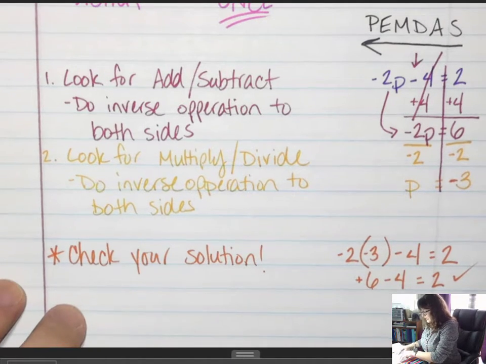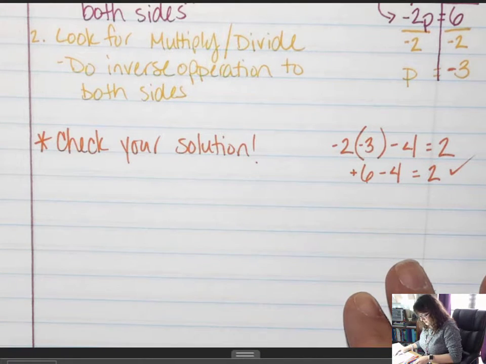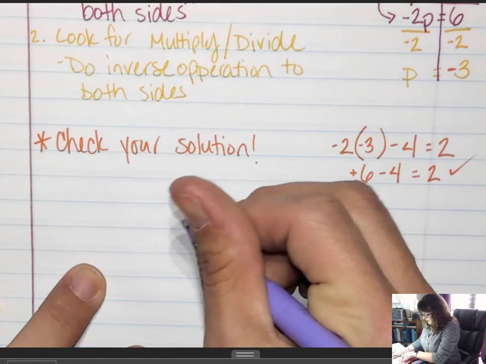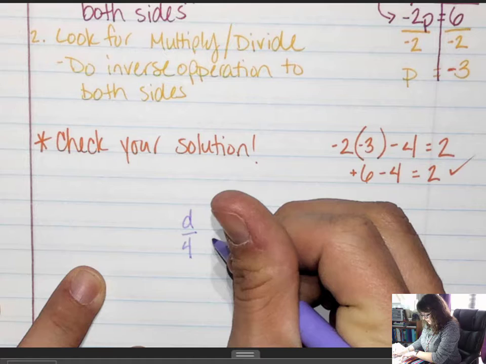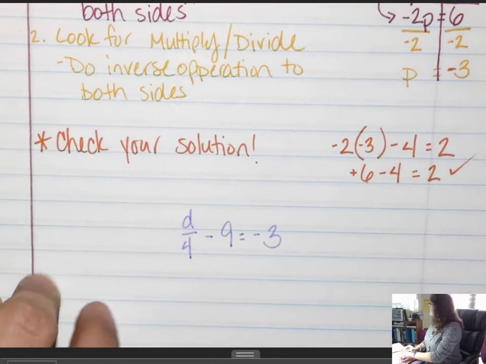because I want you to see a different side of things. Let me pick one that was difficult. That one's easy, that one's easy. Okay, so we have d over 4 minus 9 equals -3.